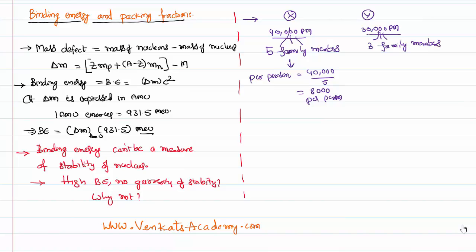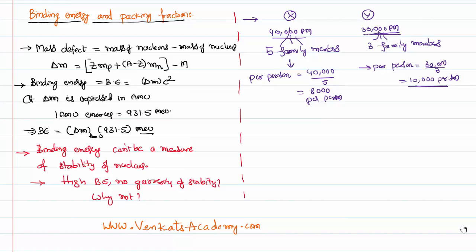Then per person, Y can spend his whole money, 30,000 for 3 people, so per person it is 10,000 rupees. So have you seen? Though this fellow is getting less money per month, his family is financially more comfortable because it has to be shared across fewer people inside a family.